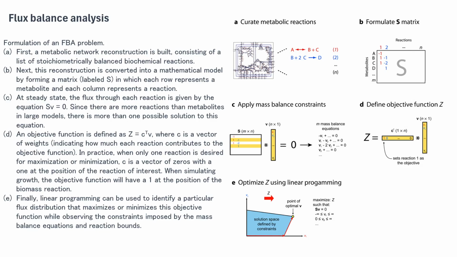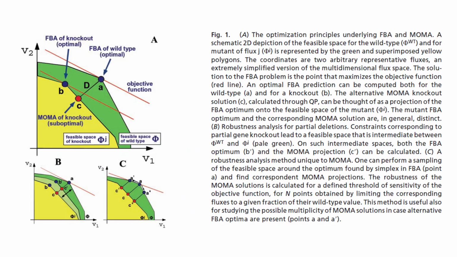While simulating growth, this objective function will have a one at the position of the biomass reaction. And finally, you calculate Z using LPP, and you try to maximize or minimize this Z depending on your question and your objective function.